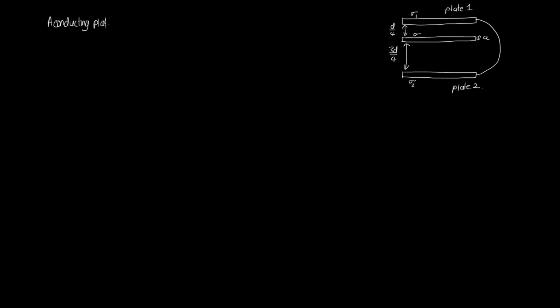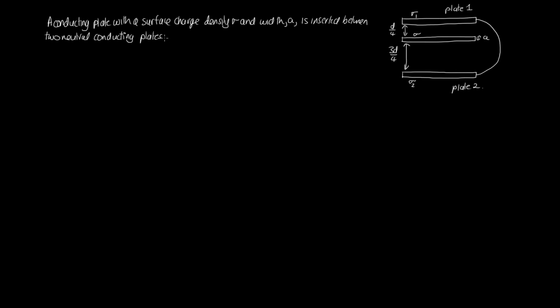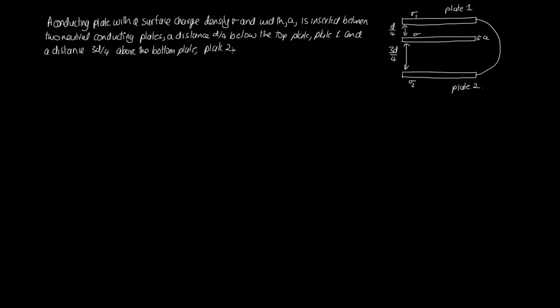So the problem we're going to set about solving is a conducting plate with a surface charge density sigma and width A inserted between two neutral conducting plates, a distance d on 4 below the top plate, plate 1, and a distance 3d on 4 above the bottom plate, plate 2, as shown in the figure.